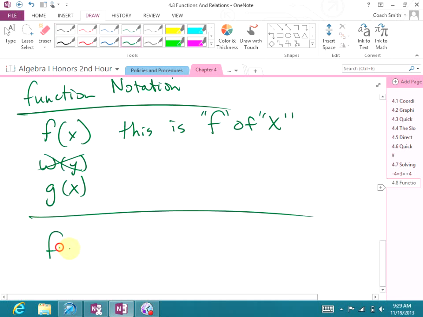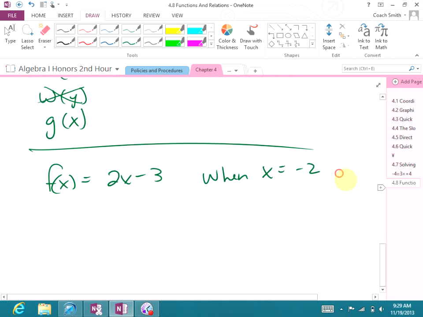If I have f of x is equal to 2x minus 3, when x equals negative 2, what they want you to do is plug in negative 2 into the expression.